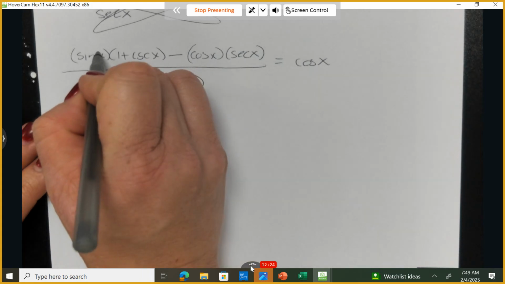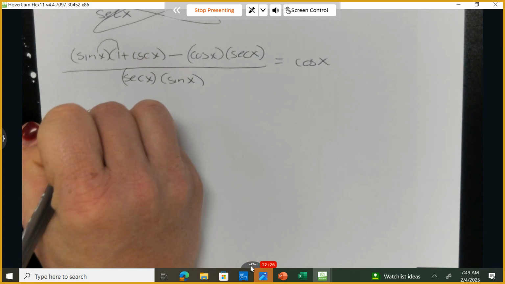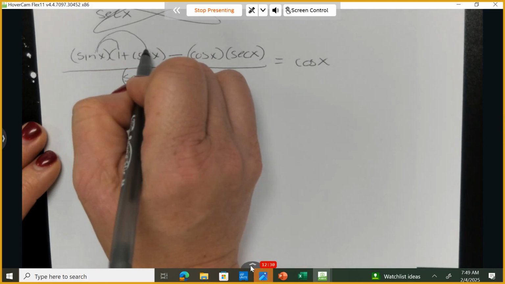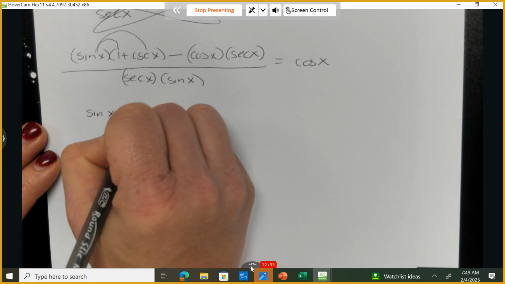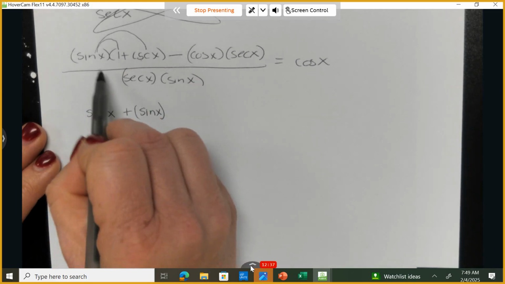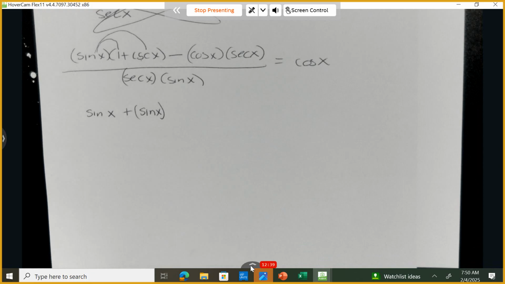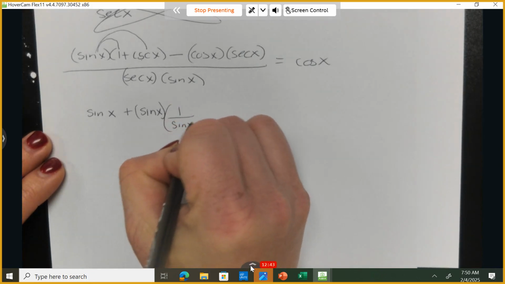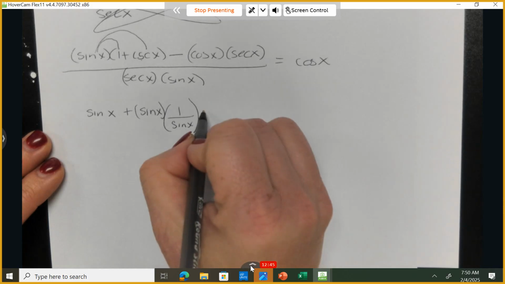Well, let's start here. I know 1 times sine is the sine of x. And then this would be sine times cosecant. Before I write cosecant down, what is the cosecant equivalent to? 1 over the sine. Now I want to subtract.